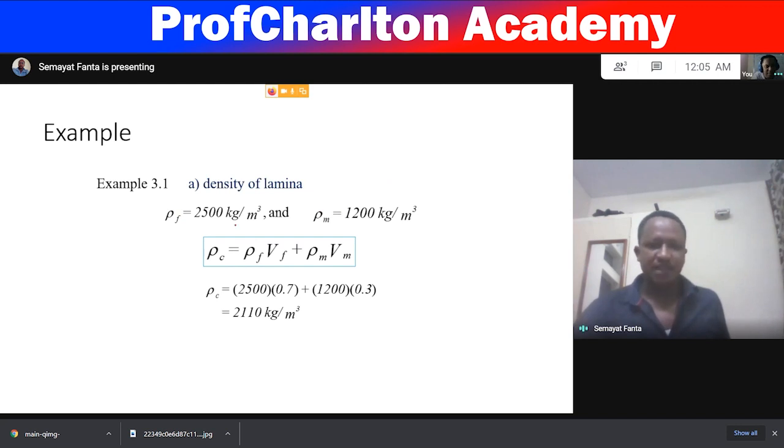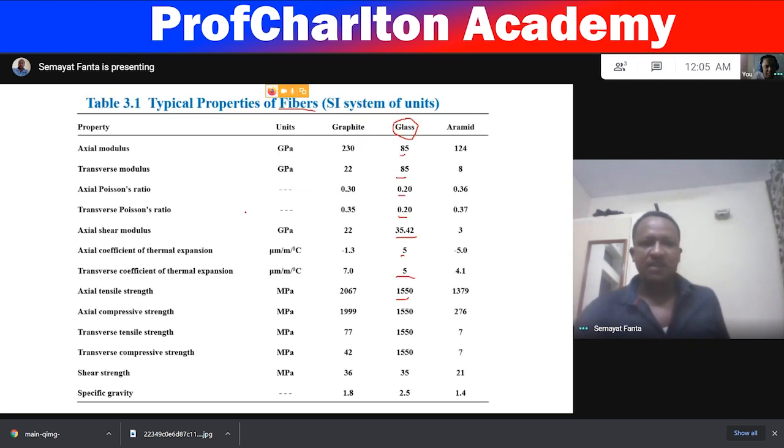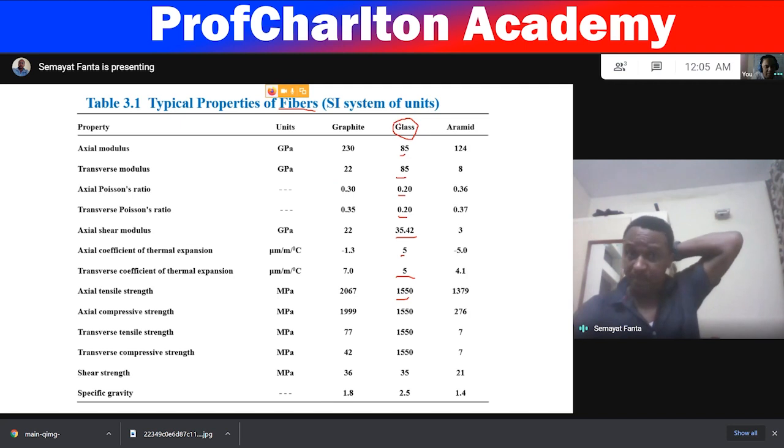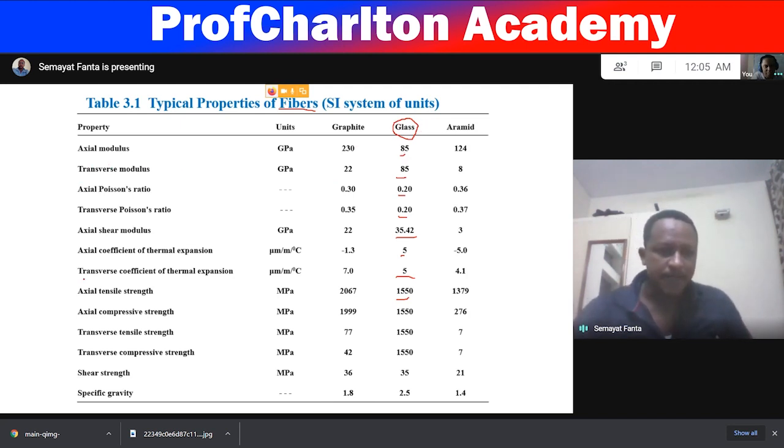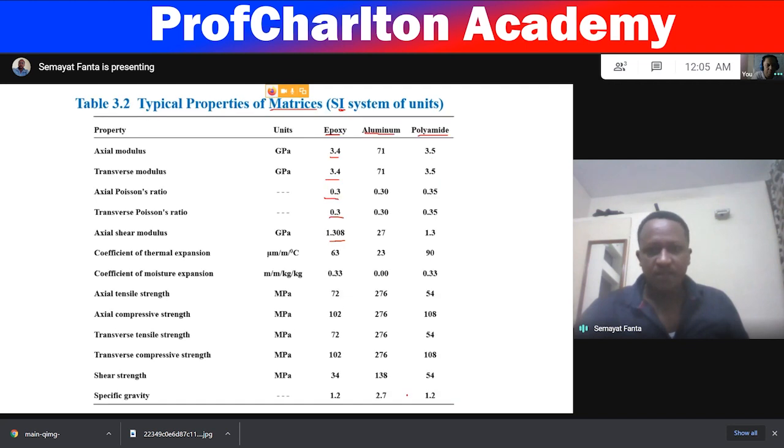We can see once back. Let's go. What is the density of glass? The density of glass, we can take from this specific gravity. This 2.5 represents the density. Okay, 2.5.